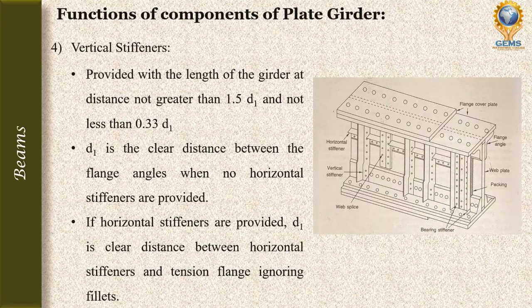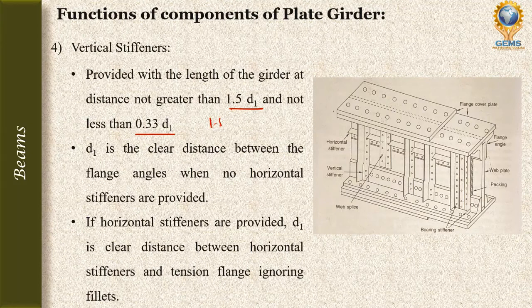Next is the vertical stiffener. Where the vertical stiffeners are required: they should be provided along the length of the girder at a distance not greater than 1.5 d1 and not less than 0.33 d1.